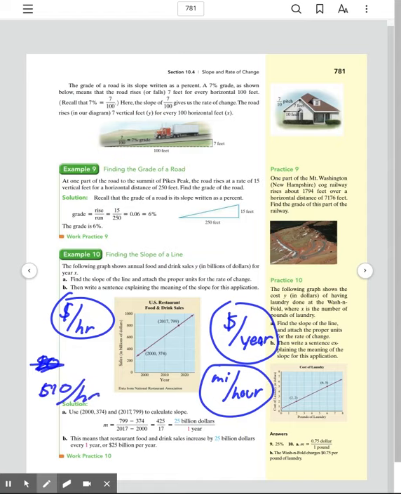So if you work for 1 hour, you make $10. If you work for 2 hours, you make $20. If you work for 3 hours, you make $30. So it's a constant rate. It doesn't change. Your rate stays the same. Hence, the line always goes straight. There is no curvature or anything.